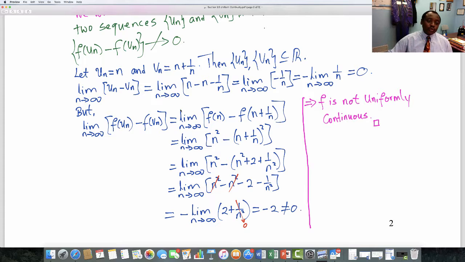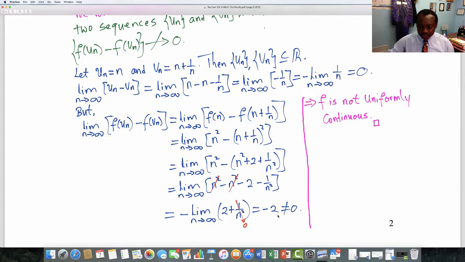We have found two sequences un and vn in the domain such that the limit of their difference is 0, but the limit of the difference of their images is not 0. So uniform continuity doesn't hold here. f is not uniformly continuous on R.